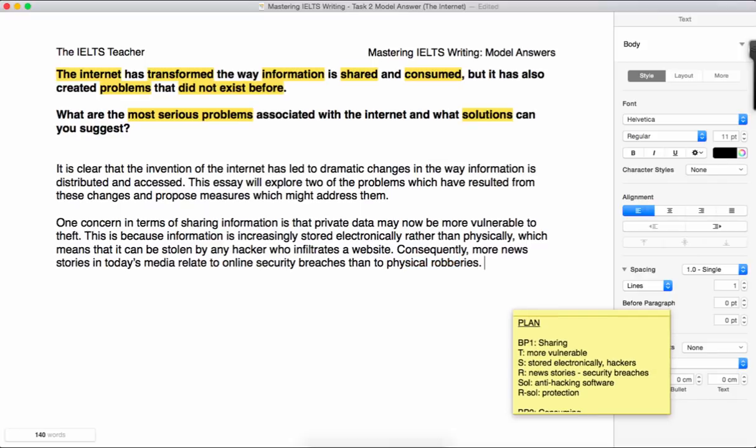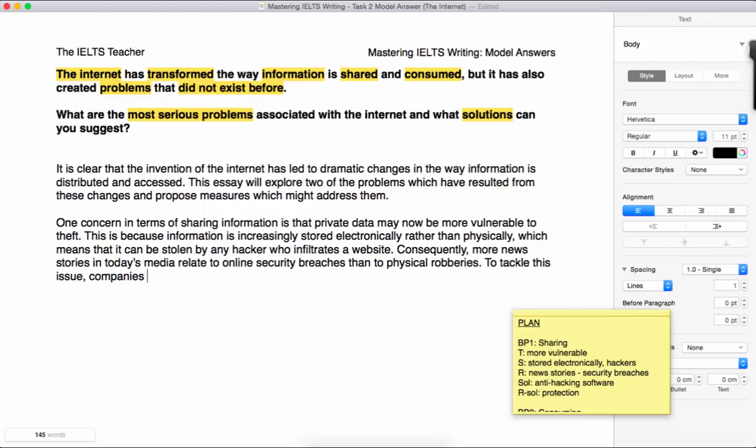Right, let's move on to the solution then. Now, I've talked about solution language before. It's important to have a range of different expressions for starting to talk about solutions. The one we're going to use here is just to tackle this issue. And then somebody should, or somebody must, somebody might. In this case, we're going to go with companies.